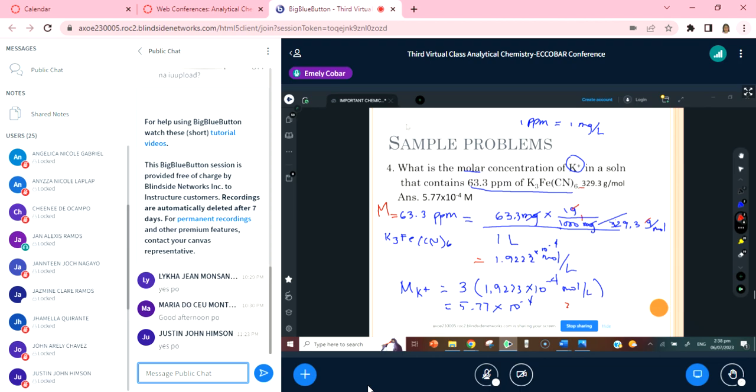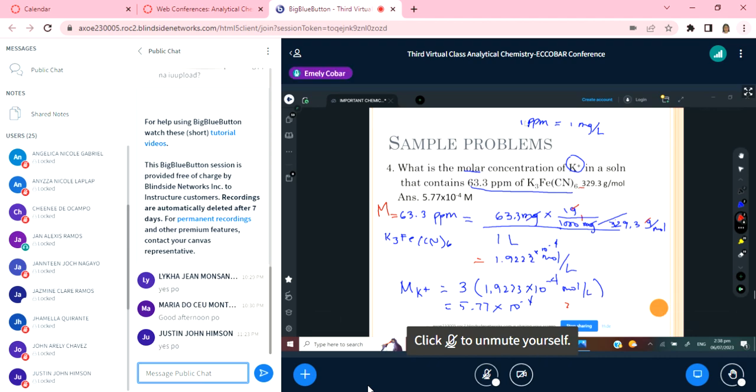Now, another definition or formula for ppm is for dilute solutions, 1 ppm means 1 milligram per liter. So, if I have 1 liter solution and it contains 1 milligram of the solute, then the concentration of that solution is 1 ppm.